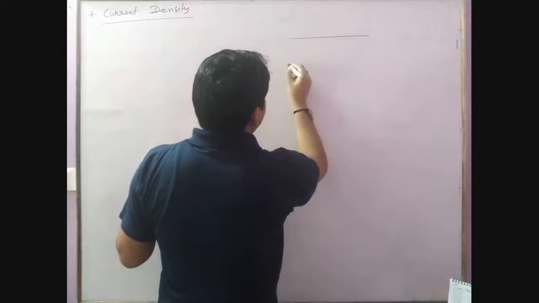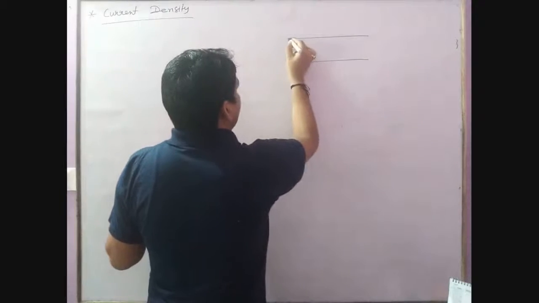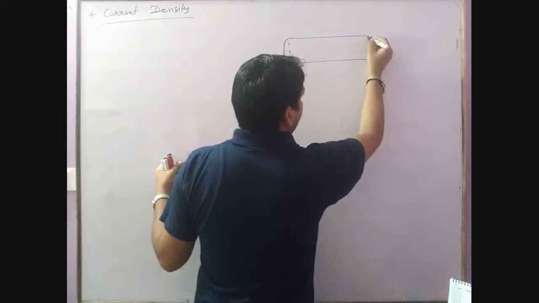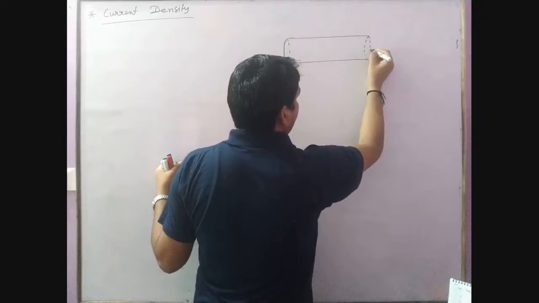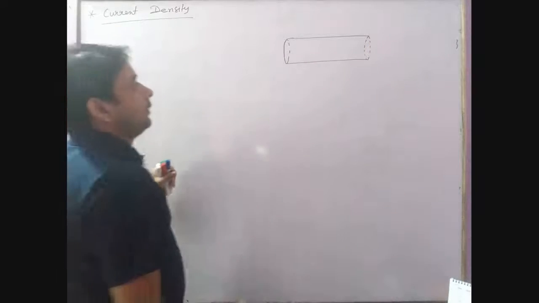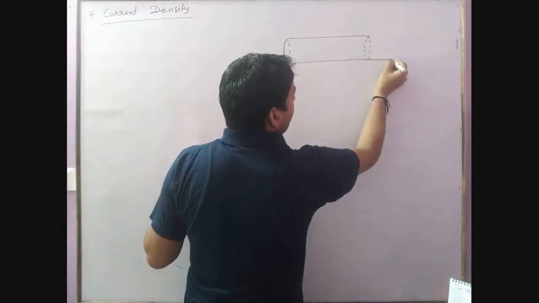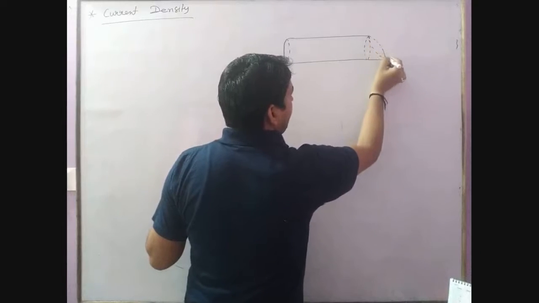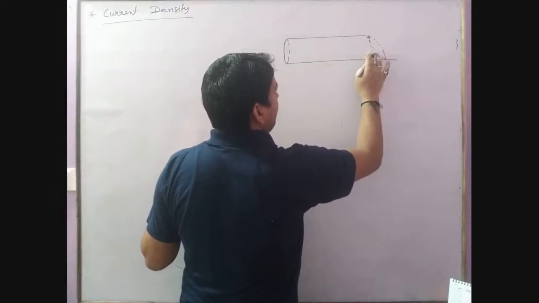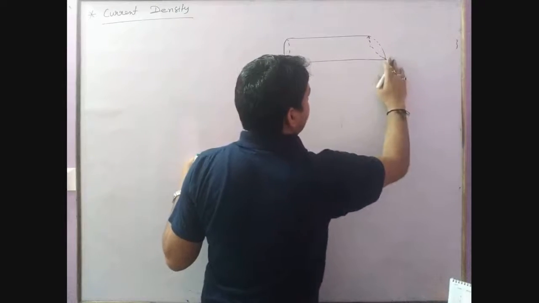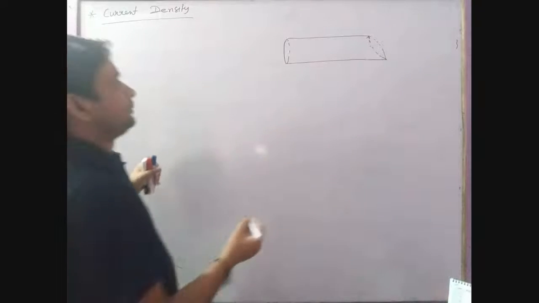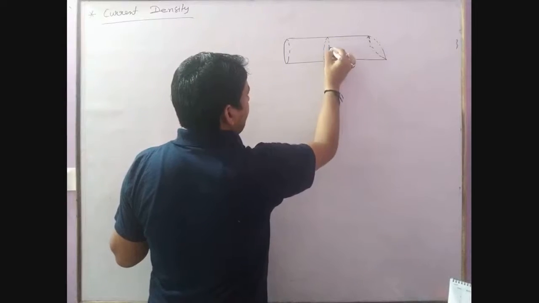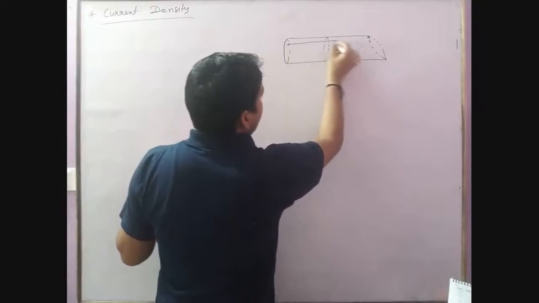Suppose we have a wire like this. So the current is moving across the wire like that.